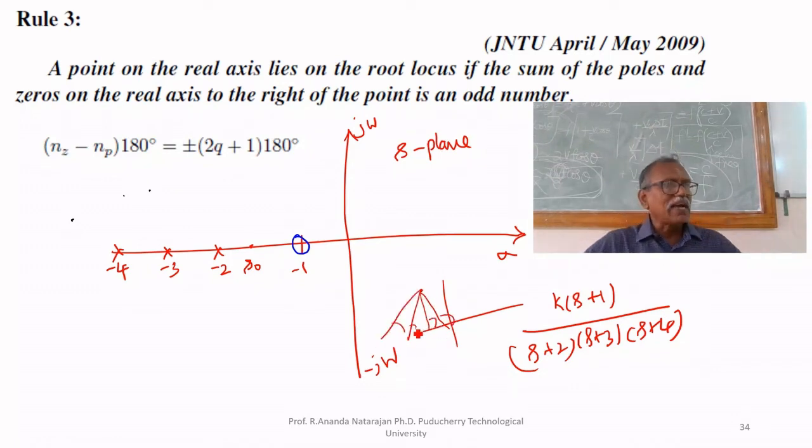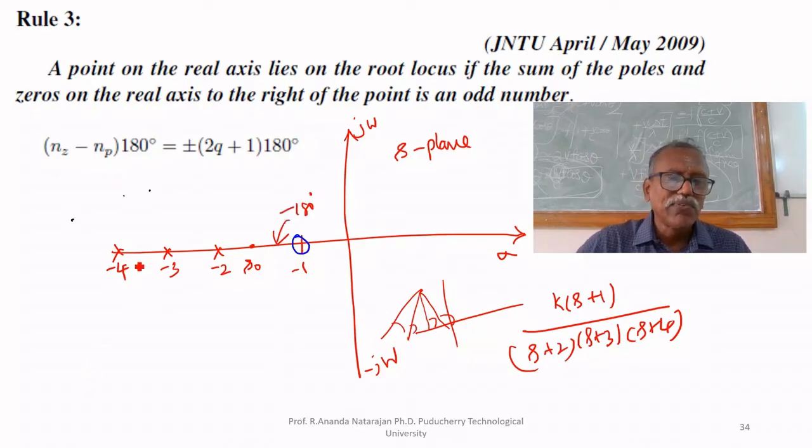If we add all the angles, it should be an odd multiple of 180 degrees. So draw a line from all poles and zeros. From minus 1 to S0, the angle of this line is minus 180 degrees. From minus 2 to S0, the angle is 0 degrees.